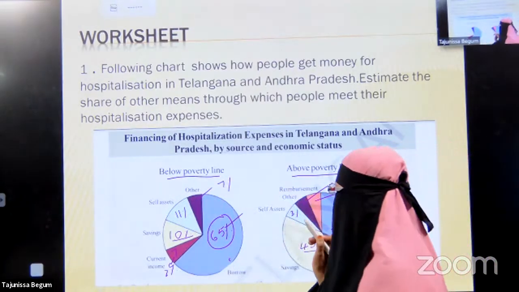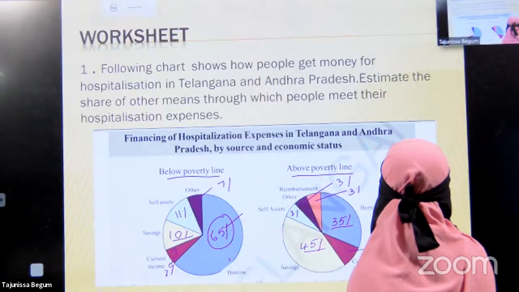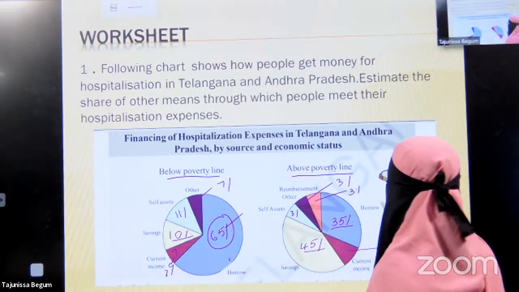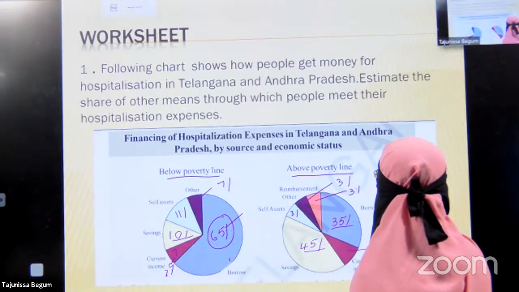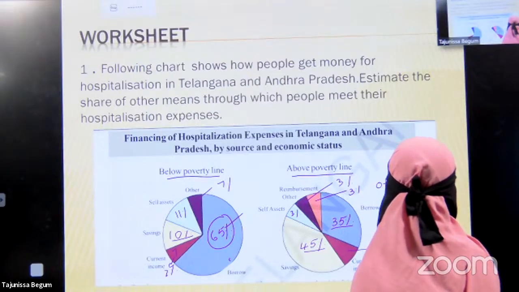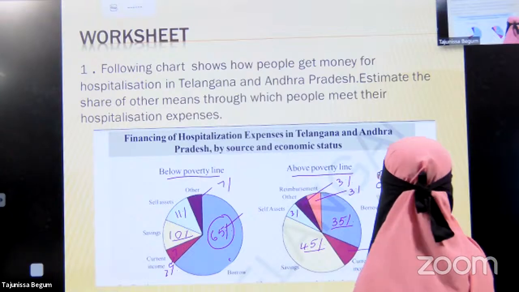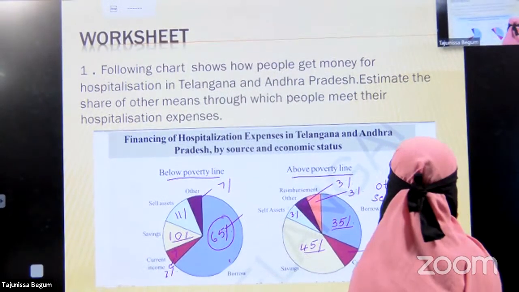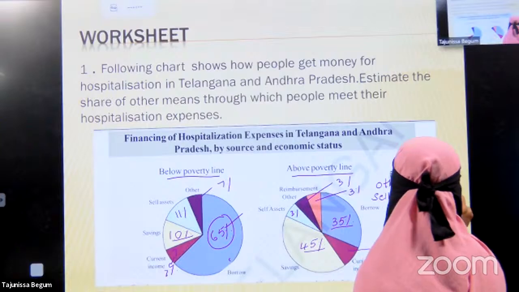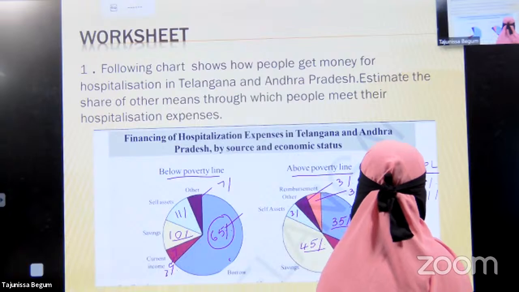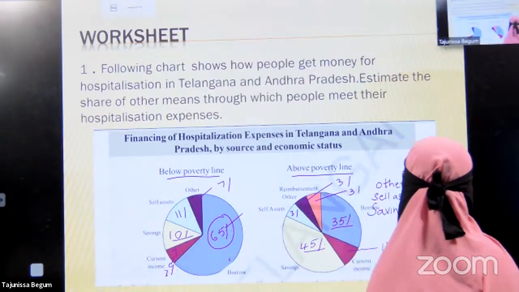So see, when you see here, below poverty line, BPL. For example, others, they are 7%. And self-assets, that is 11%. Savings, they are having 10%.